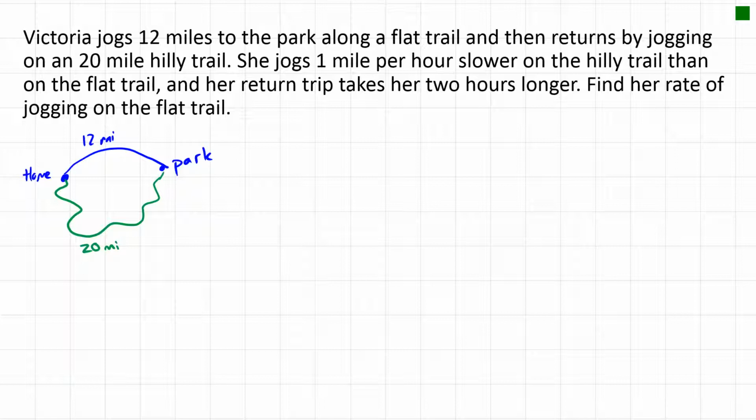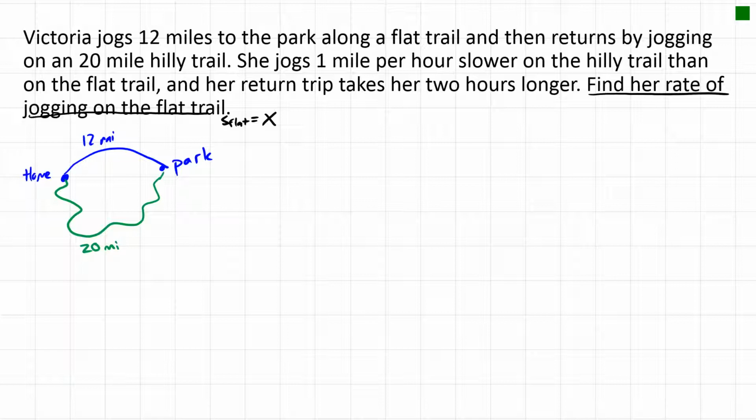So what do we want to know in this problem? We want to find Victoria's jogging speed. So we're going to call this the speed on the flat part, which is equal to x, because that's our unknown and it's what we want to find.